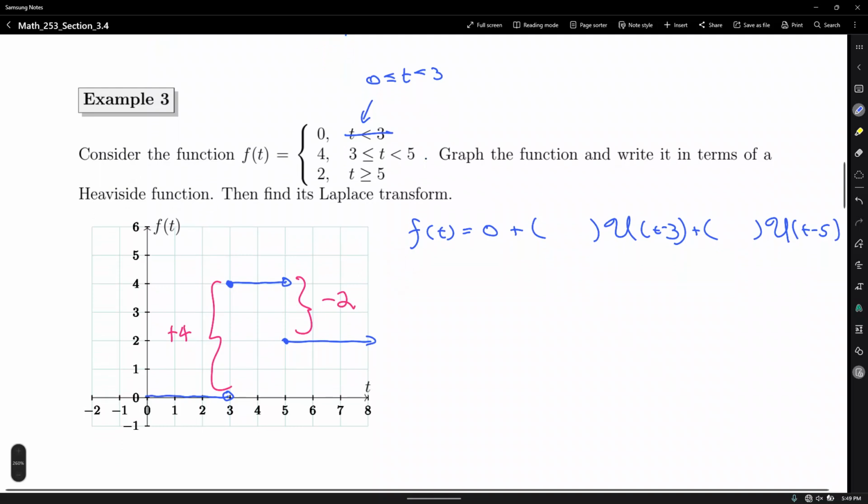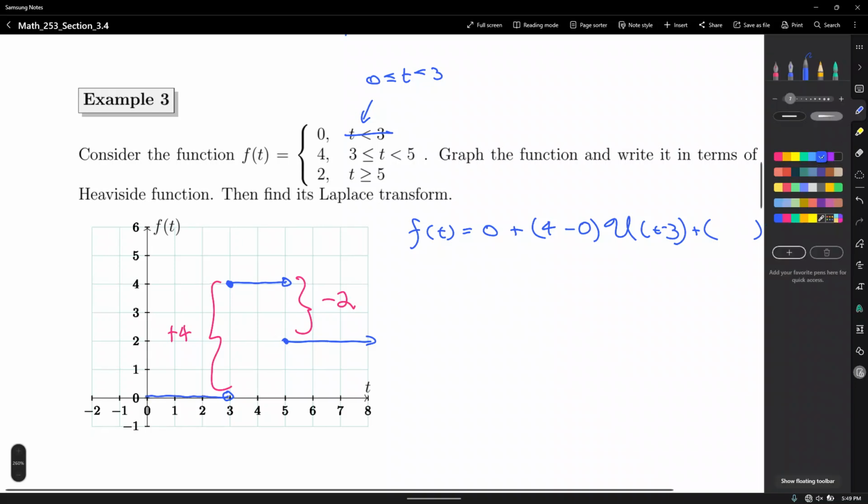So what happens here? We have a signal with an intensity of 0 that turns off, but then at 3, the signal with an intensity of 4 turns on. What do we do in this case? We subtract whatever turns off from whatever turns on at that specific time. So 4 minus 0.